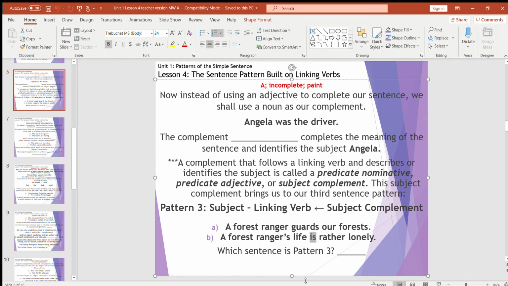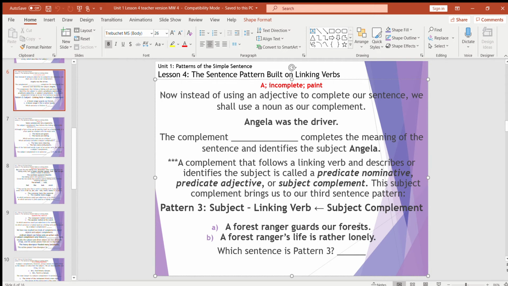So if we want to see which one's pattern 3, well, first of all, we would know it's B because it has this linking verb. But another way to check it is to see if the word describes the subject, okay? With A, guards, who guards? The forest ranger guards. What do they guard? They guard the forest. But those are two separate things.